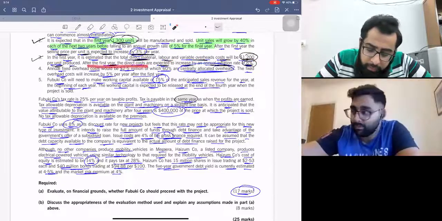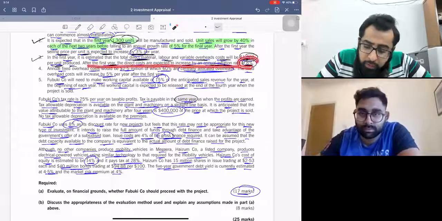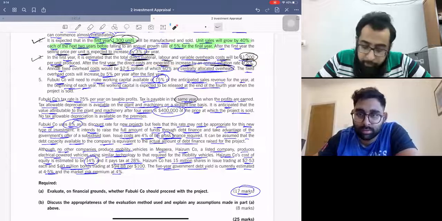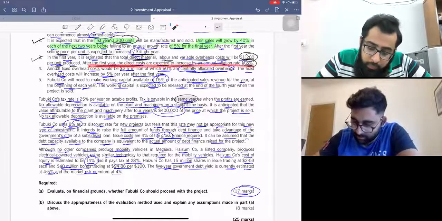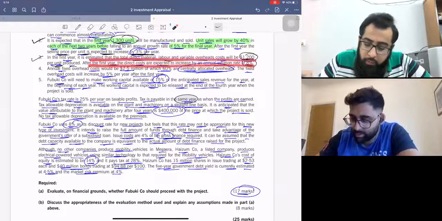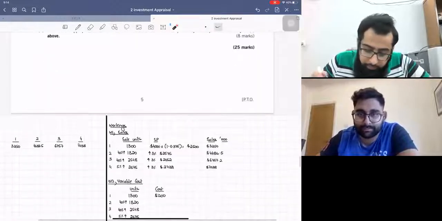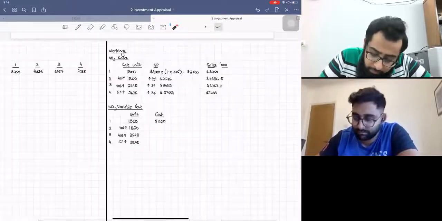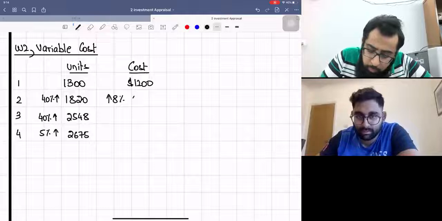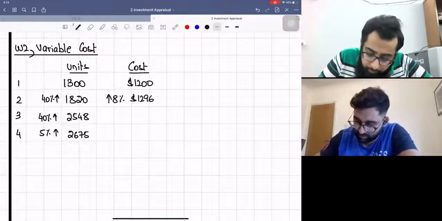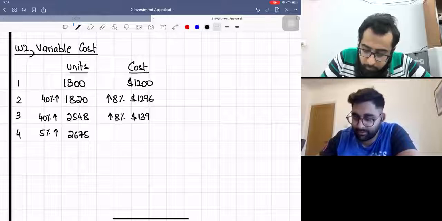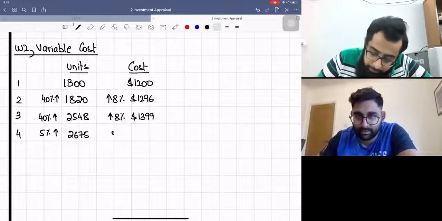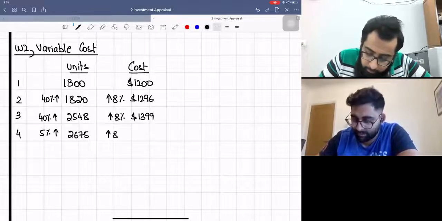After the first year, it is expected to increase by an annual inflation rate of 8%. So 1,200 times 1.08 is 1,296. It will increase by 8% every year. 1,296, then 1,399, 1,400 you can say, and then 1,511.